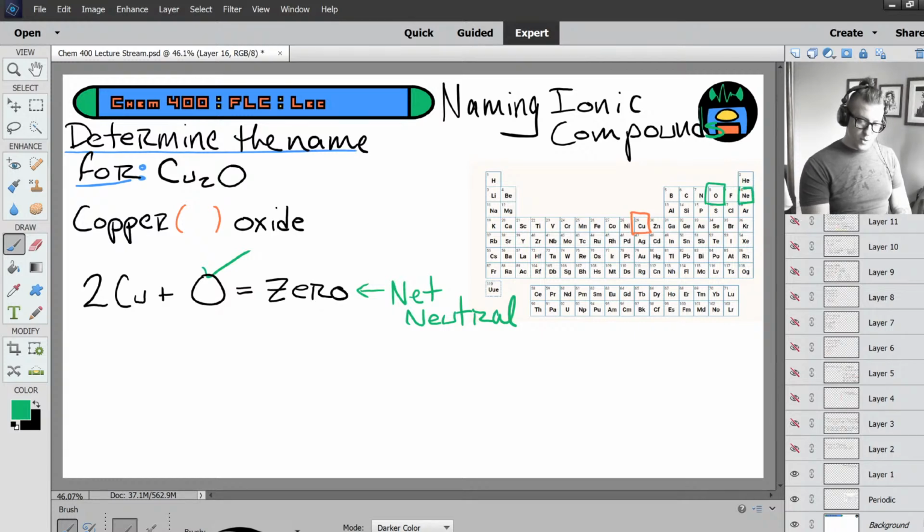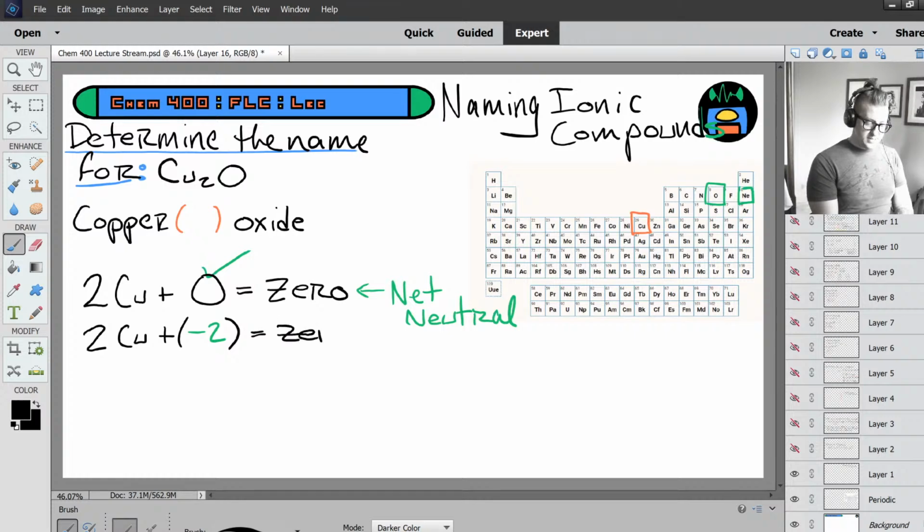Oxygen will want to pick up 2 electrons to become like neon. So we know that 2 times the charge on copper plus the charge on oxygen, which is -2, has to add to 0. That means that 2 times the charge on copper is equal to +2.